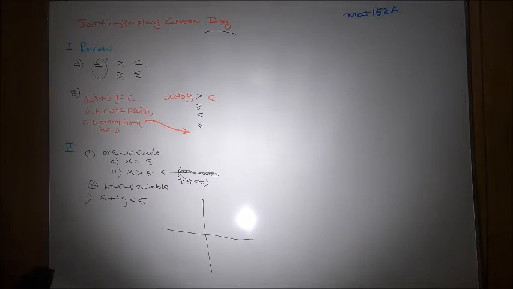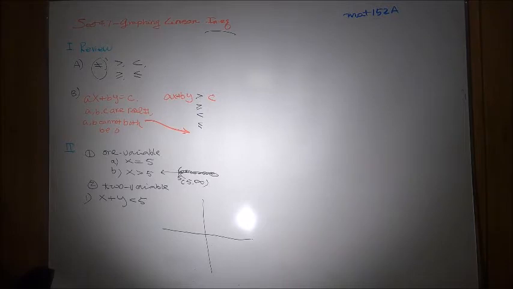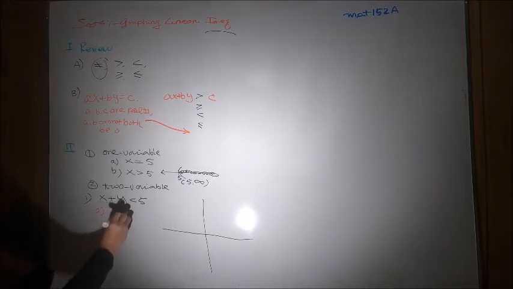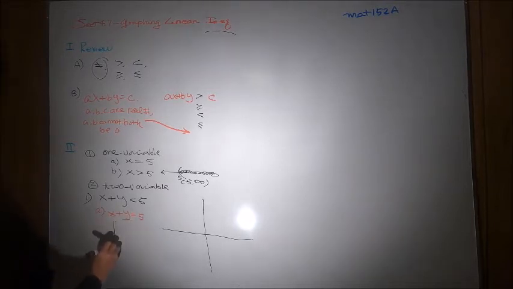However, first there is a boundary condition. Okay, so first step, what do you do? You write down the boundary condition, which is what? x plus y equals 5, right? So it's a boundary condition. So how do we graph this one? We use our t-table, right? x is 0, y is 5, you plug in.